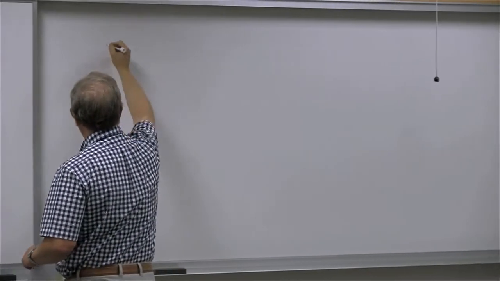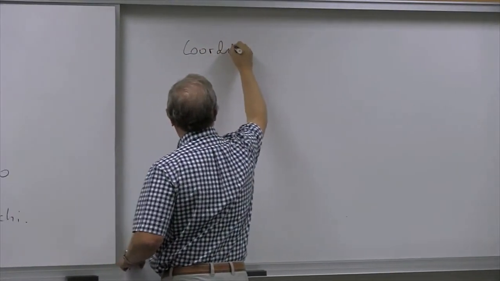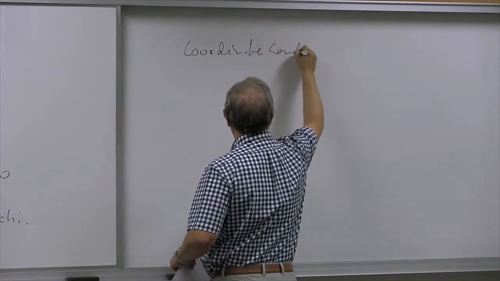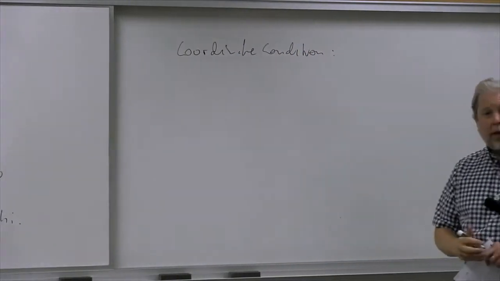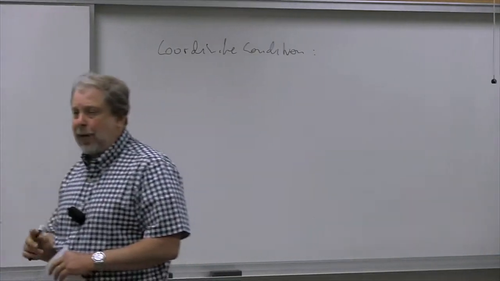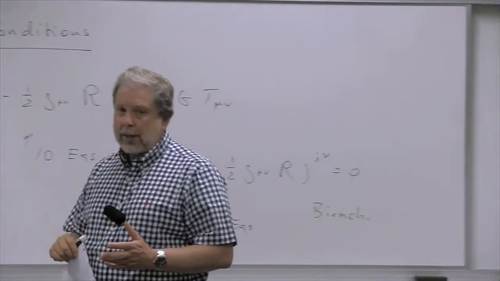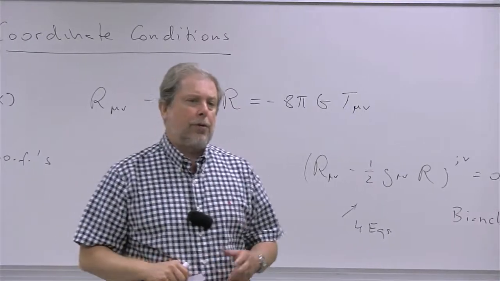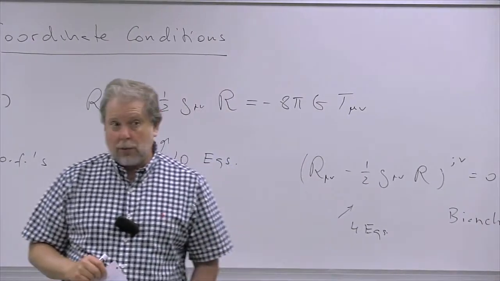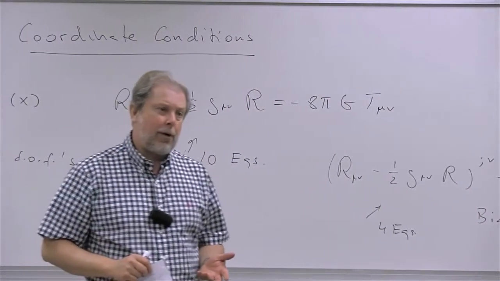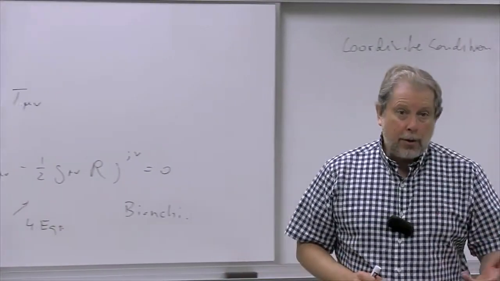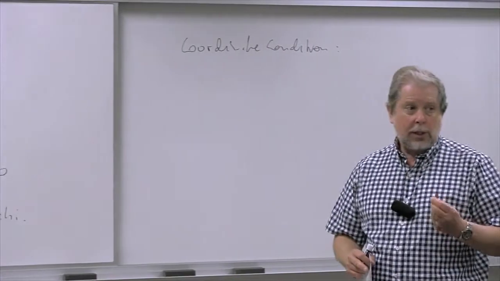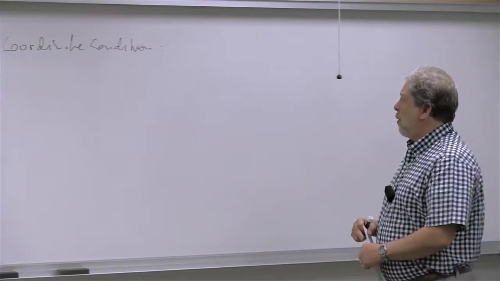So this gauge or coordinate condition is, well, going to be something, of course, that breaks general coordinate invariance. Because in electromagnetism, when you impose a gauge condition, such as divergence of A equals 0, that does break gauge invariance. And of course, that's the whole purpose of it, so that you can reduce this gauge freedom to just a single point on the orbit.